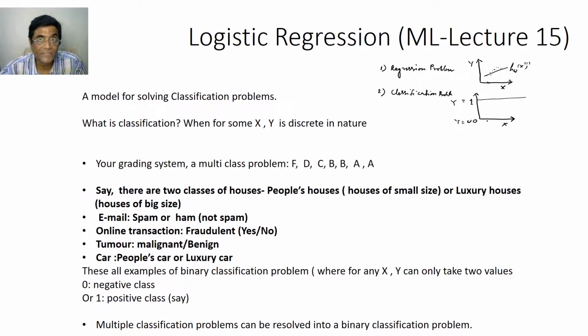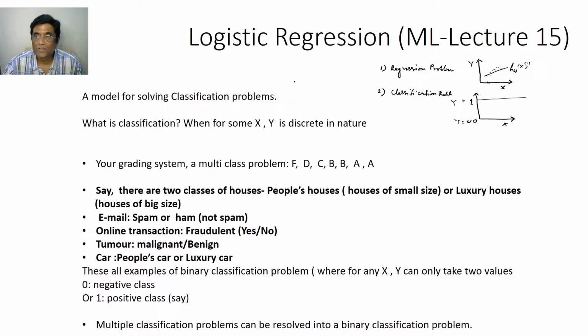Say I am trying to classify between two classes of house. For example, if the floor area is beyond something, say 800 square feet, then it will be classified as a luxury house. Or if it is less than 800, it will be classified as a people's house.